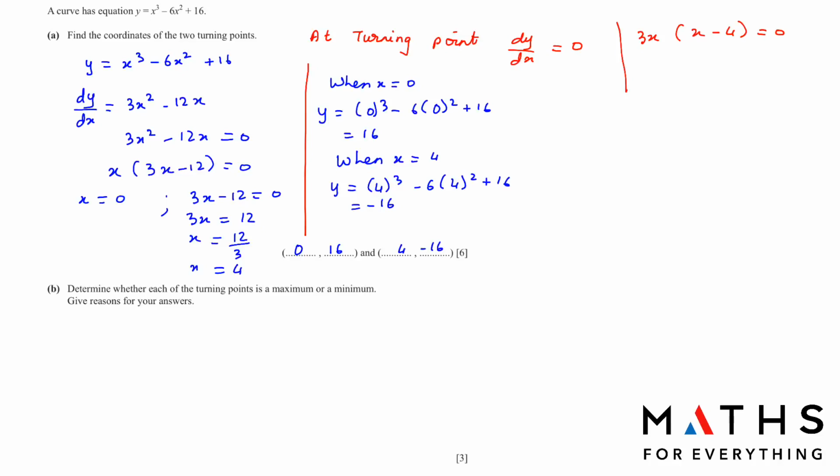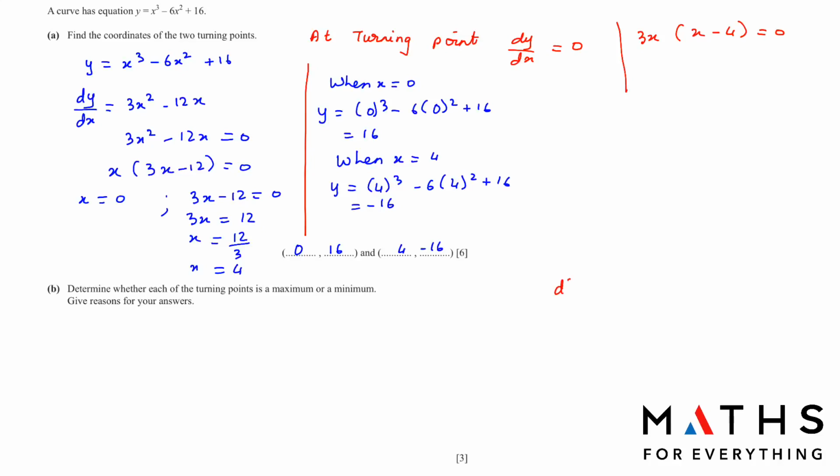Part B. Determine whether each of the turning points is a maximum or a minimum and give reasons for your answers. Before we solve this, let's just write down a few points. To find whether a point is a minimum or maximum, double differentiate.